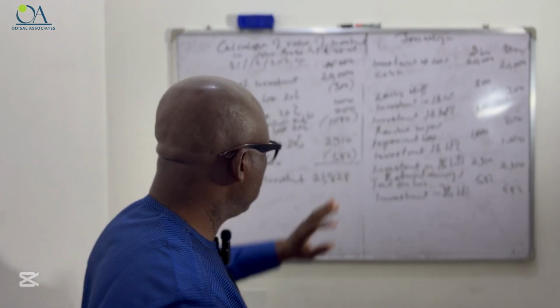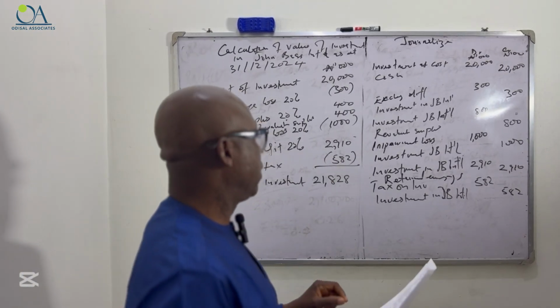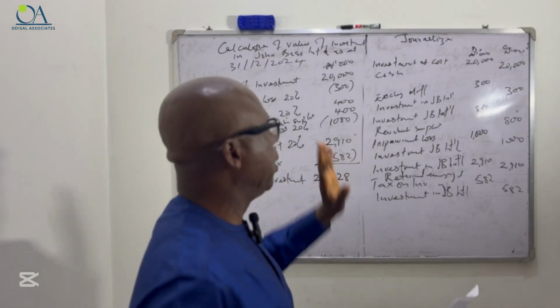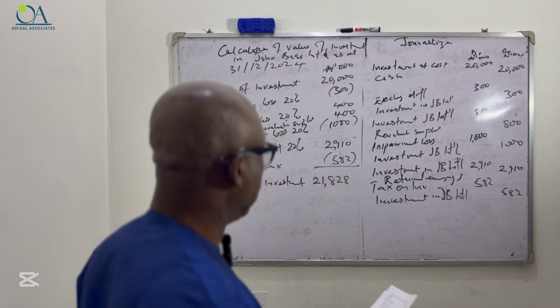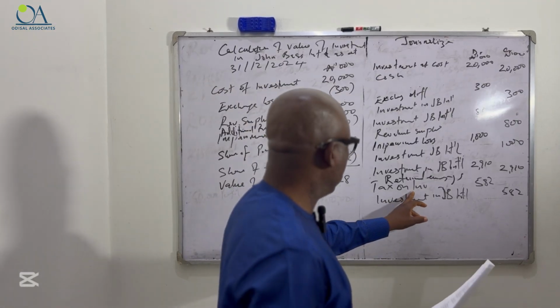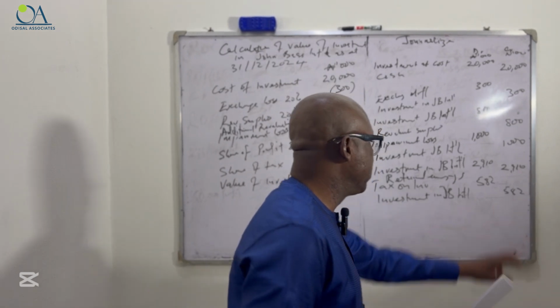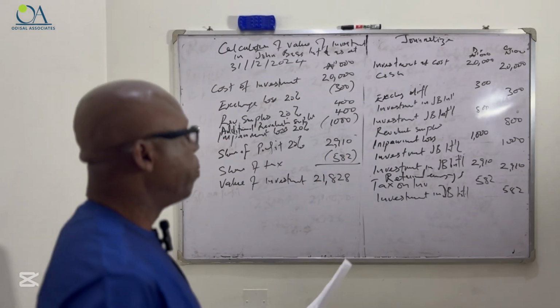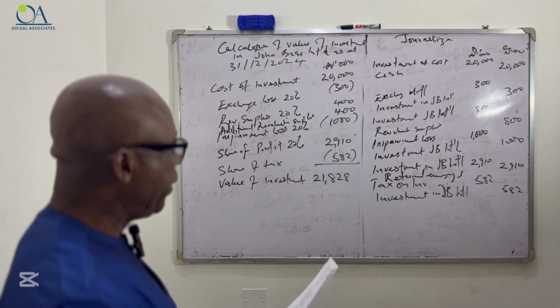Then again, we have tax. The share of tax of the profits made by John Bars will also be recognized. So we are going to debit tax and credit investment in John Bars International to reduce the investment.